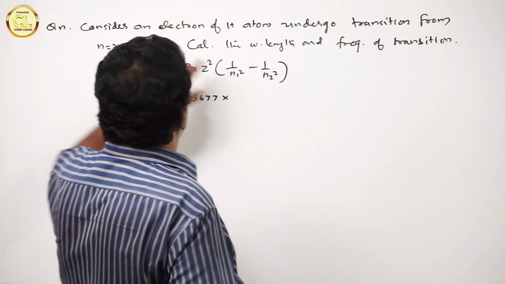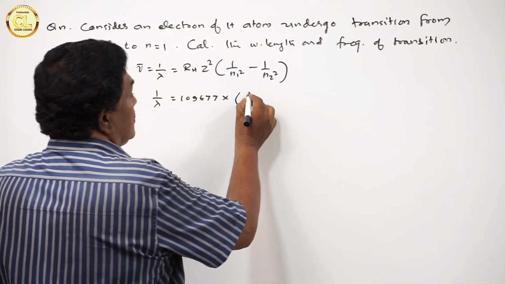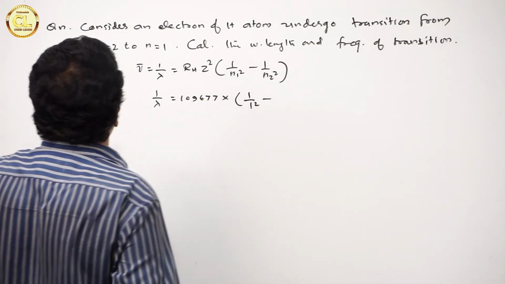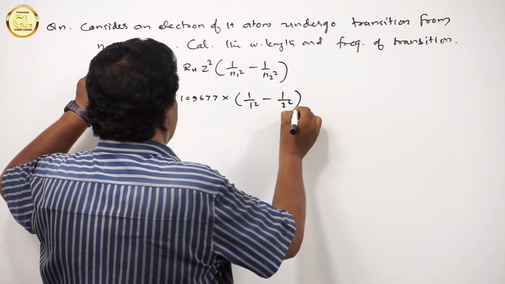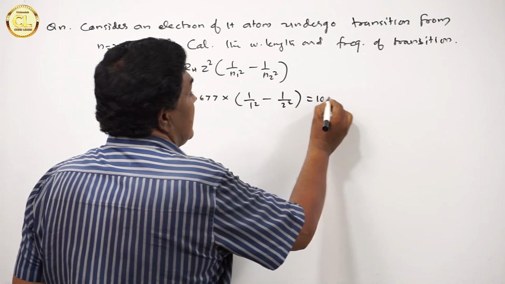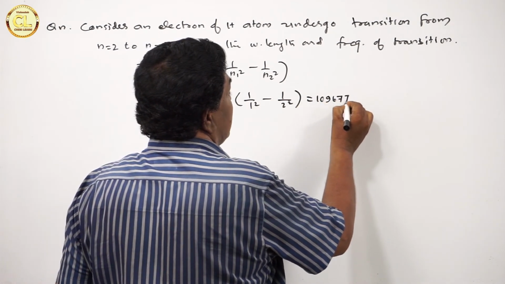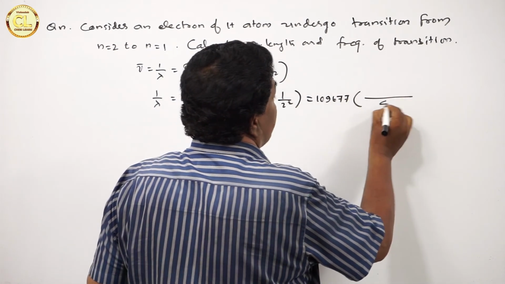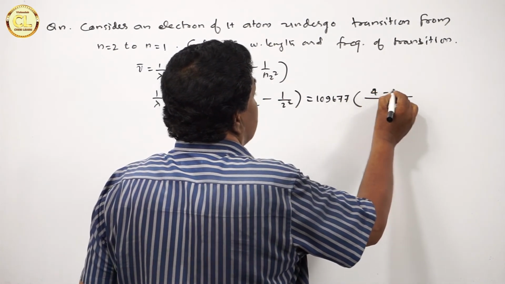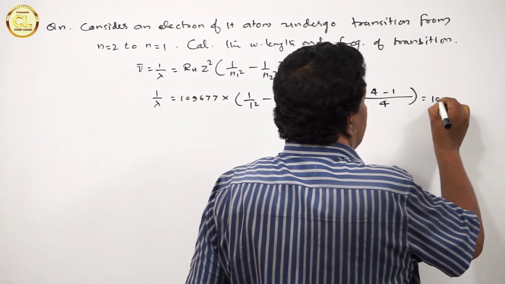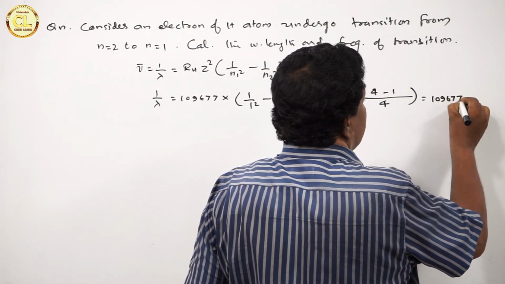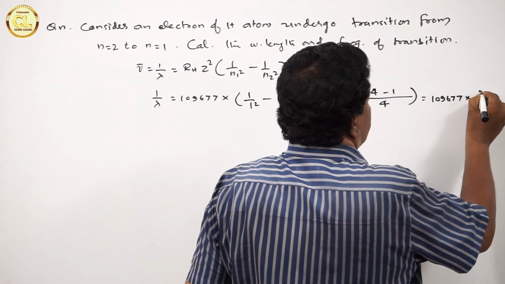See, N1 is equal to 1. So 1 by 1 square minus, N2 is equal to 2, so 1 by 2 square. That is 109677 into, see, this is 4 minus 1. That is equal to 109677 into 3 by 4.